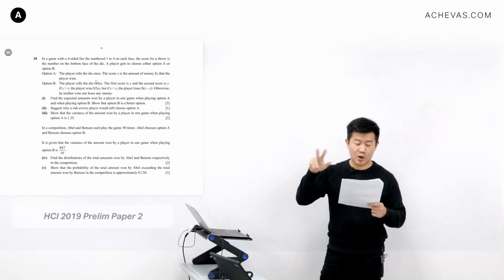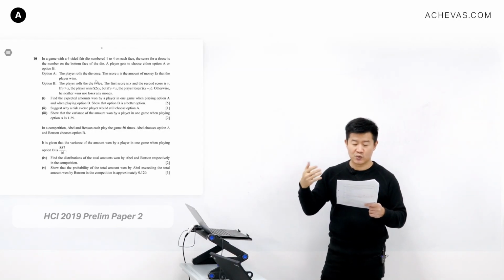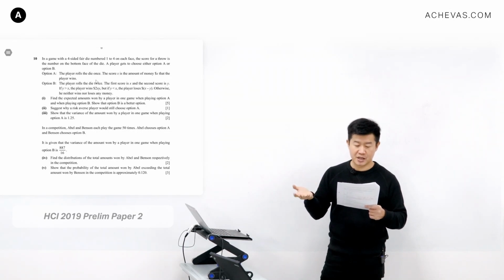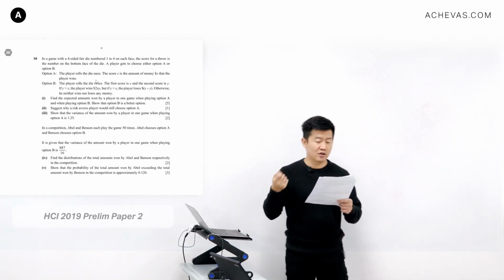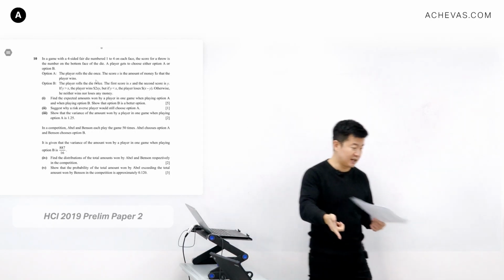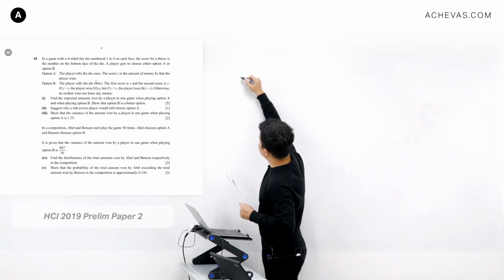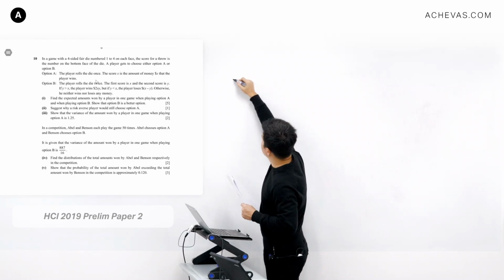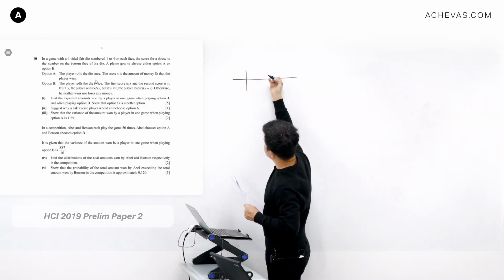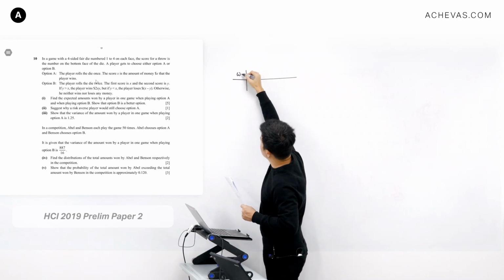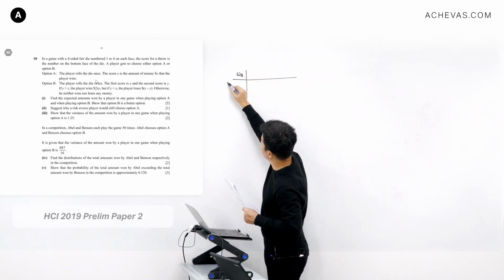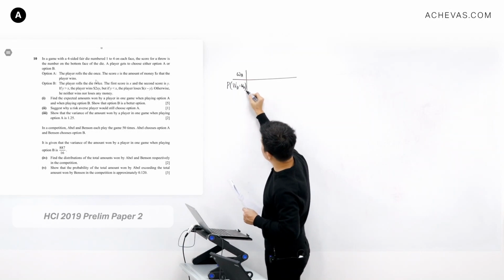So we have option A, option B. I want to find the expectation of the money that is won by the player in option A and in option B. For option A, the player just scores according to what appears on the dice. So for option A, it's very simple. If I say WA is the winning from option A, then I can create a probability distribution table with lowercase w and the probability that uppercase W is equal to lowercase w.